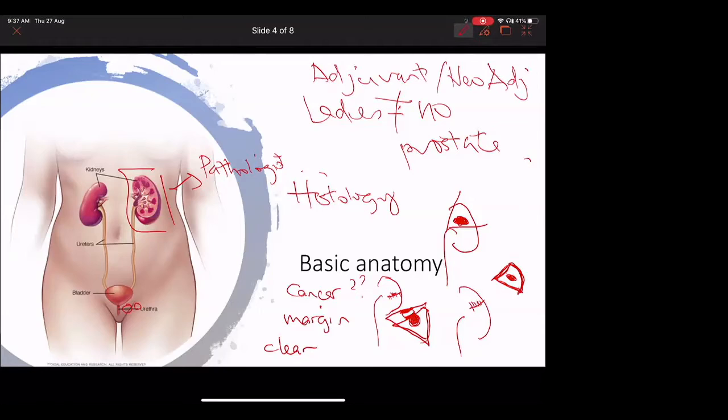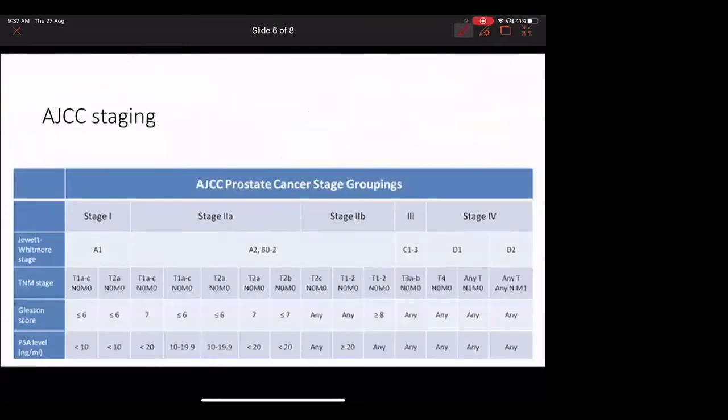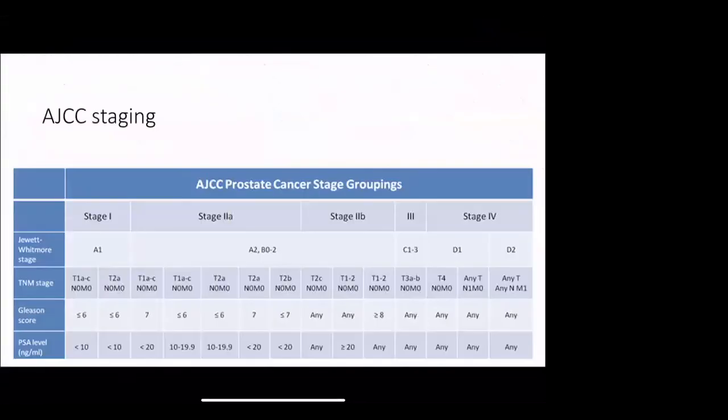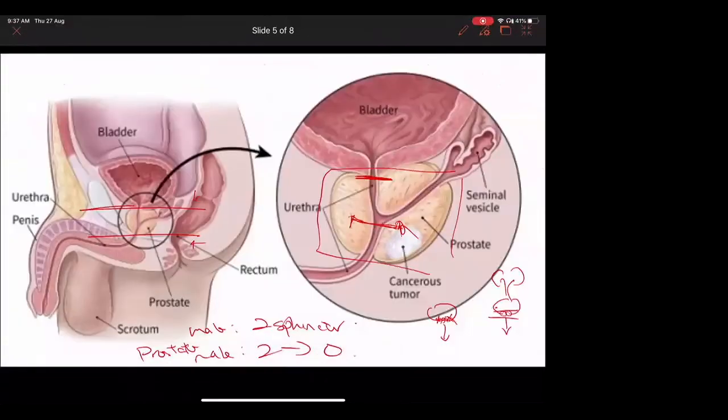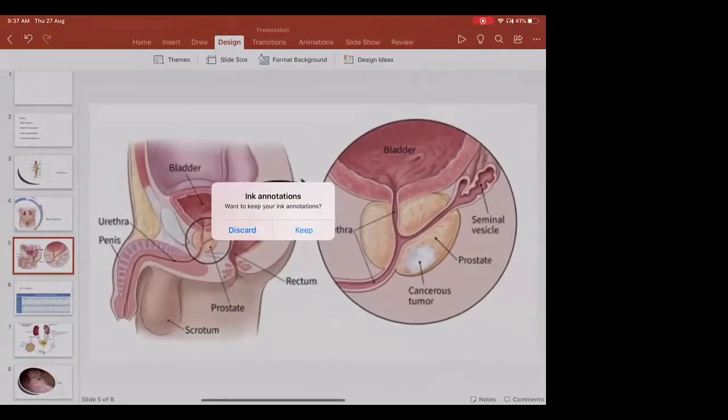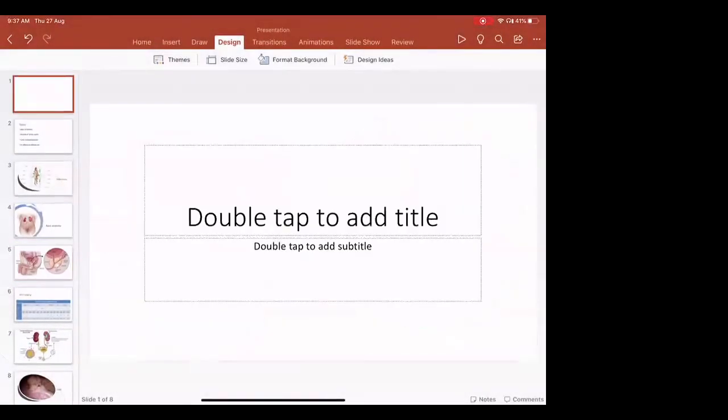So what the hell does neoadjuvant mean? Neoadjuvant actually means before surgery itself. Okay, before surgery itself, what are some of the things that you can do? Let me just give you this card. Here we go.